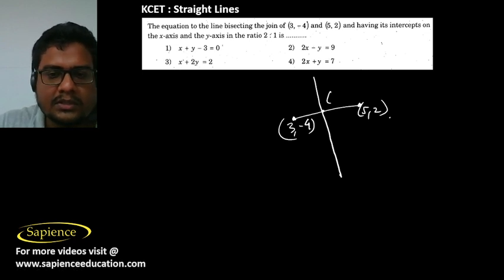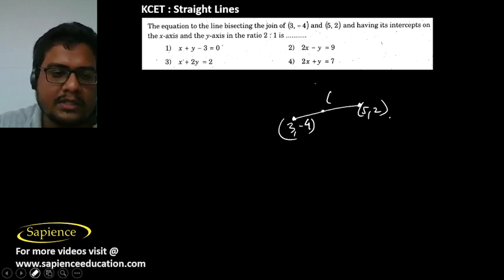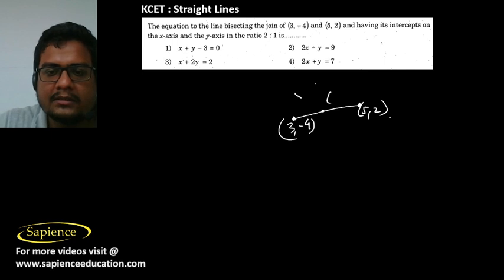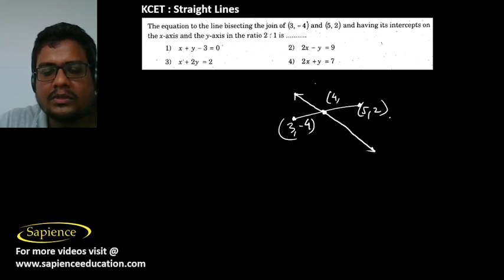It is not told that it is a perpendicular bisector. You can bisect it at any angle. Let's suppose this is the required line, where it will pass through the midpoint of this line segment, which is ((3 plus 5) by 2, (4 plus 2) by 2).